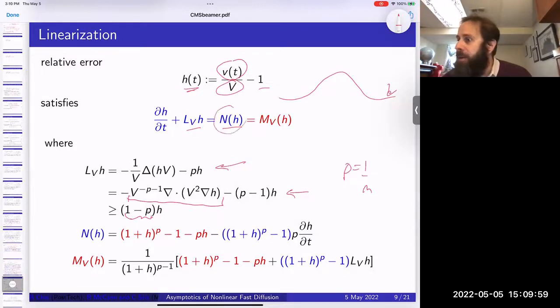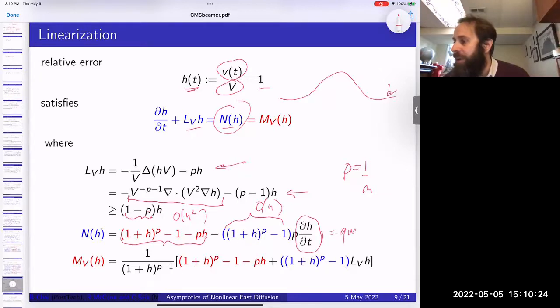And then the nonlinear part of the operator, the red part here, by binomial expansion is something like h squared in lower order terms. The blue part is order h, but it's being multiplied by an additional factor of h. So this is quadratic in h plus h cubed terms. But the nonlinear part depends on derivatives of h as well as h.